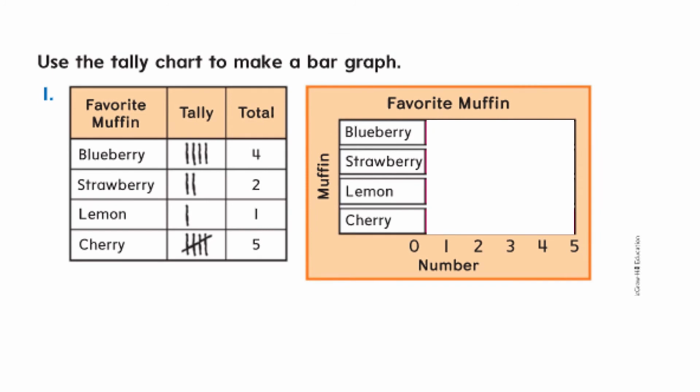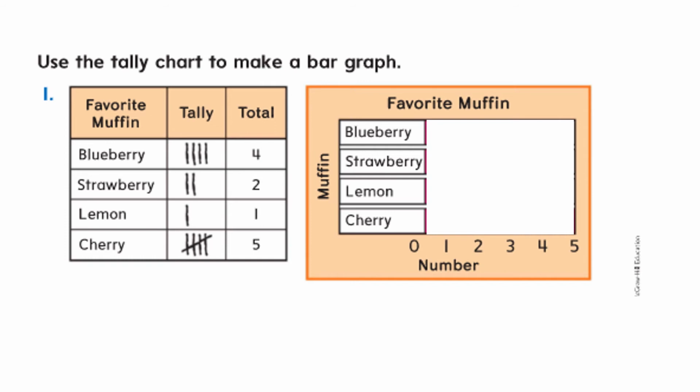So let's look at this one here. We have a table on the left and it's labeled favorite muffin. So people were asked what their favorite muffin was. And they had four choices: blueberry, strawberry, lemon, and cherry. Four people liked the blueberry. Two people liked strawberry.